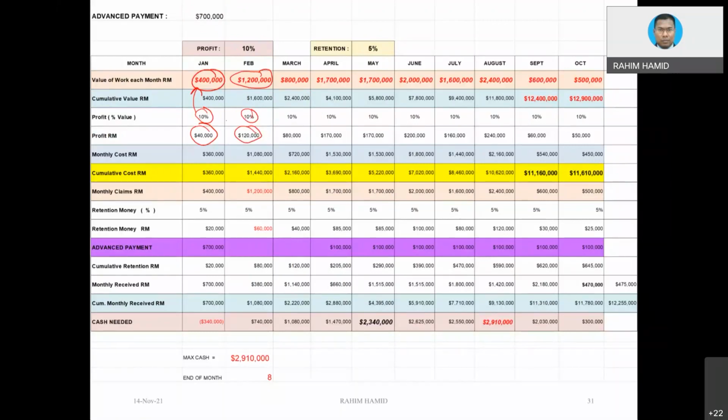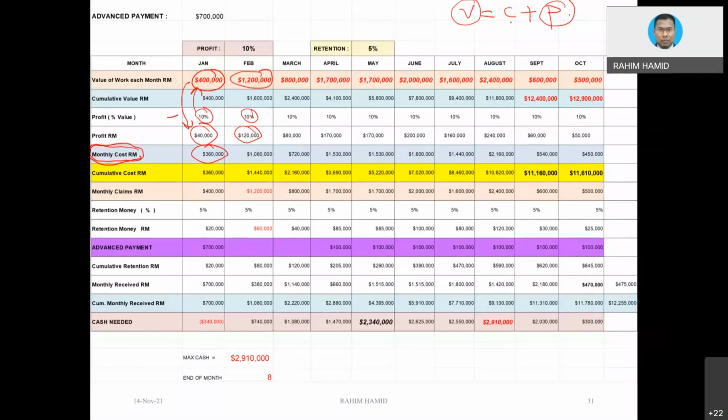And then, which basically leads us to monthly cost. Remember, value is equivalent to cost plus profit. Since we already have the value, we already know the profit. Can we get the cost? For sure we can. So the cost of 360 simply means 400,000 deducted by 40,000. So that's how you get the cost.